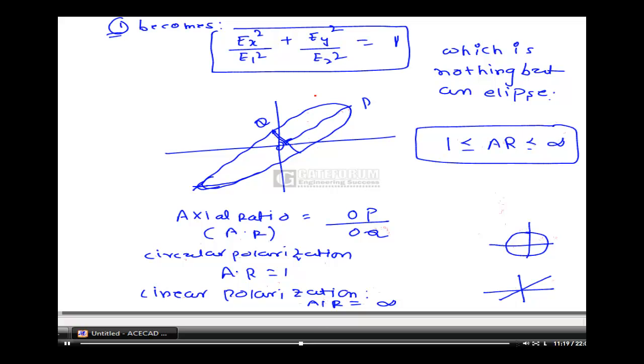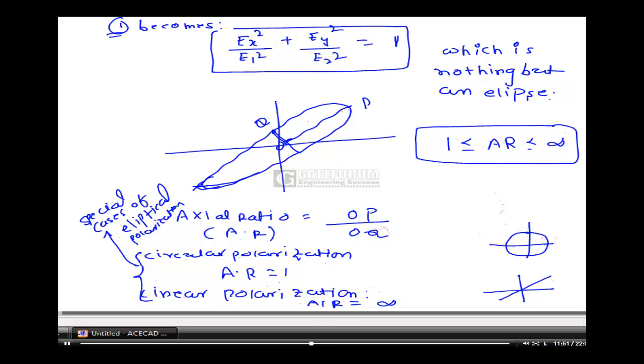As this minor axis is reducing at a particular angle, it becomes linear only. What is that angle? It is either 0 or 180 degrees or generally plus or minus n pi. So we can say that both circular polarization and linear polarization are special cases of elliptical polarization only.